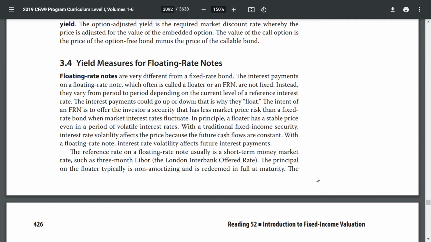With a floating rate note, interest rate volatility affects future interest payments. The reference rate usually is a short-term money market rate, such as 3-month LIBOR. The principal of a floater typically is non-amortizing and is redeemed in full at maturity.